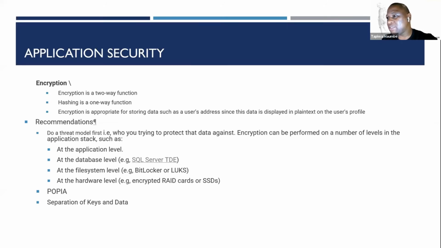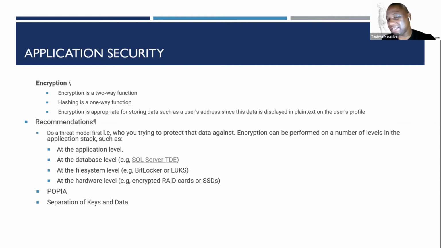Encryption doesn't work like that, because encryption is a two-way function. You can encrypt and decrypt. That's why we do not encrypt passwords. We hash passwords, meaning there's only one way. There's no way to decrypt the password.